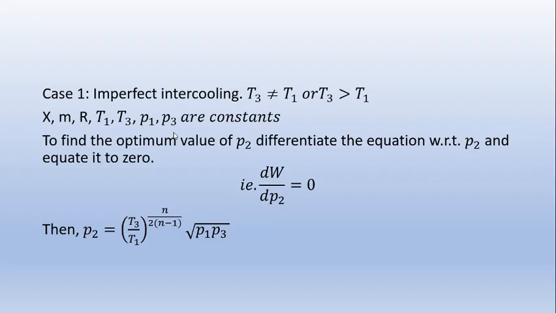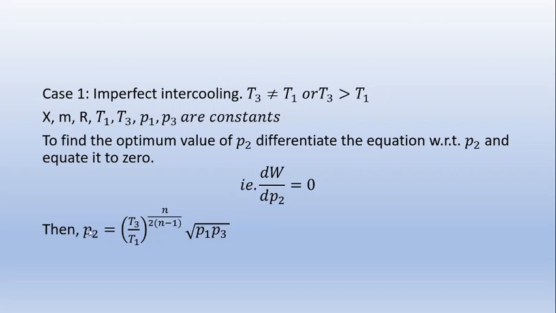To find an optimum value of P2, differentiate this equation with respect to P2 and equate to 0. That is dW by dP2 is equal to 0. You differentiate the previous equation with respect to P2 yourself, and then we will get P2 equal to (T3 by T1) raised to n by 2(n minus 1) into root of P1 P3.